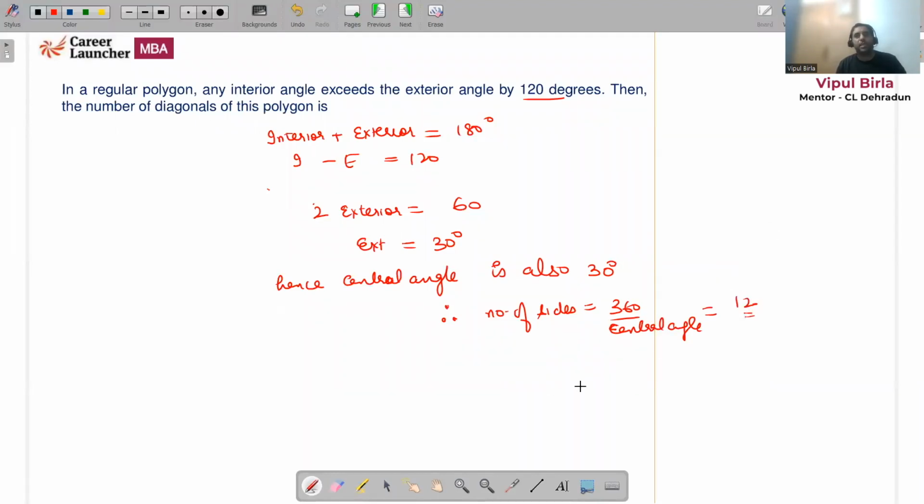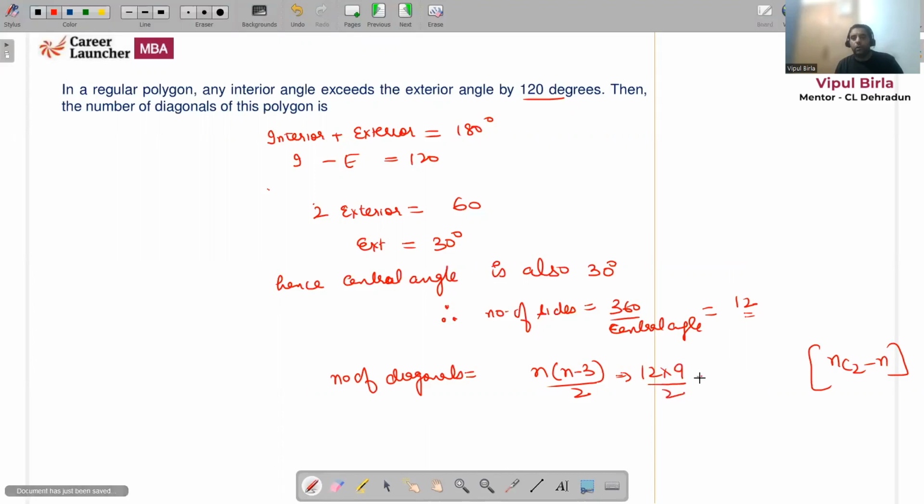Now, if there are 12 sides, the number of diagonals is equal to n into n minus 3 by 2, which is nC2 minus n. We can directly write it, which gives me 12 into 9 upon 2, which is 54, my answer.